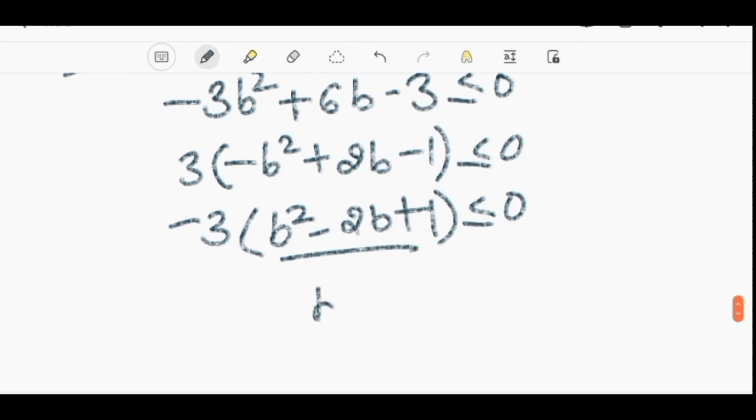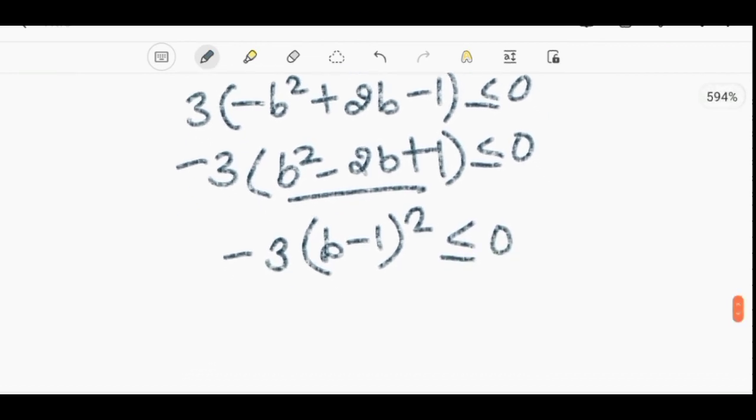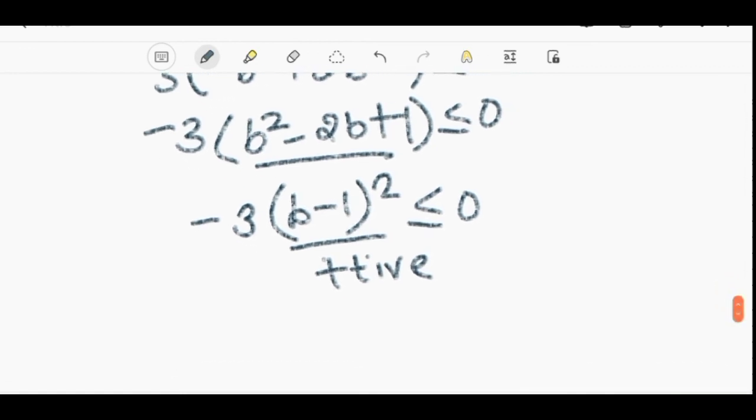And this is our (b minus 1) whole squared multiplied by minus 3 smaller than or equal to 0. Since we know that the square term is always non-negative, this whole expression is less than or equal to 0.